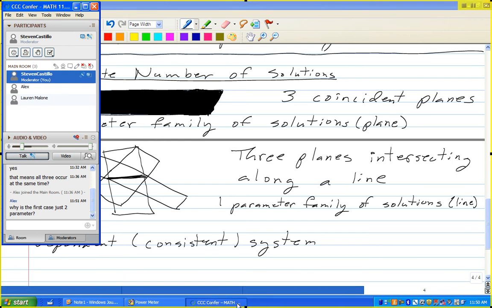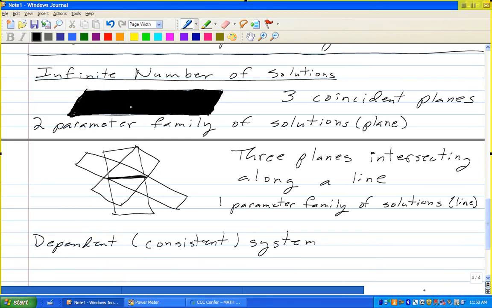Oh, why is it 2? Because if you are on the surface of a plane, you can go in two directions. You can go north, you can go right, left, up, down, or whatever. So you can go in two directions, right? And so there are two parameters.